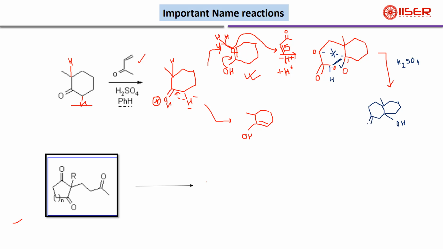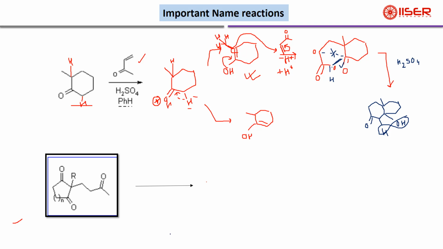After that, there is an H still available. If we eliminate one molecule of water, there will be generation of a double bond here. Okay. Now what will happen in this case?